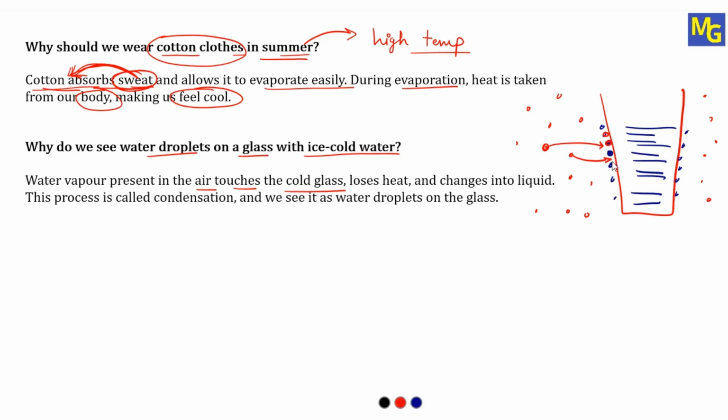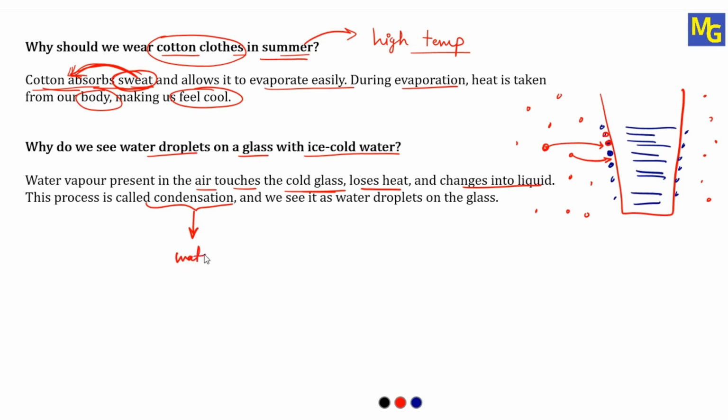That's why we can see many water drops form on the outside of the glass which has cold water. So, I'll read the sentence: water vapor present in the air touches the cold glass, loses heat and changes into liquid. This process is called condensation. What is condensation?